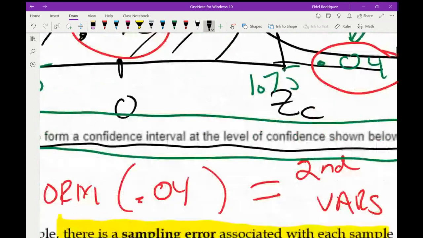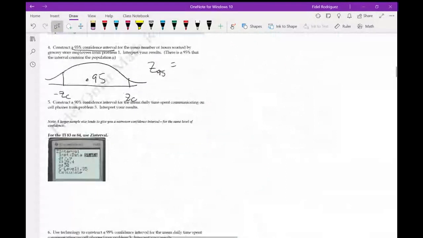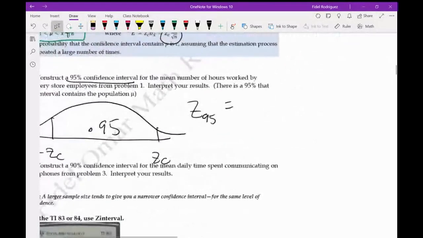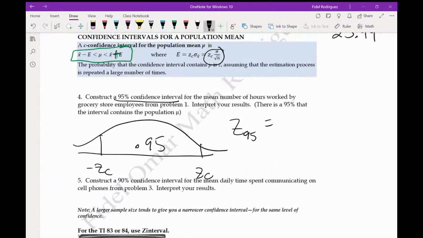So I already know that that's my ZC value. So my critical value was 1.96.